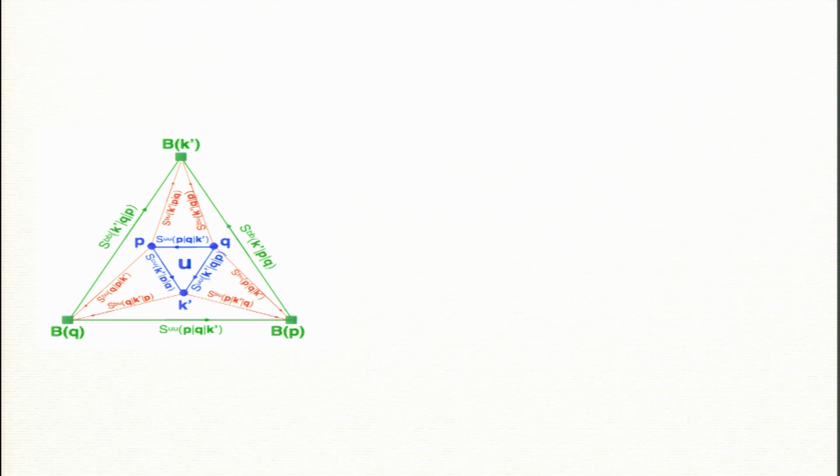Let us focus on a triad, only mode to mode within a triad. We have three magnetic modes, Bk prime, Bp, Bq, and three velocity modes, Up, Uq, and Uk prime. Blue is velocity and green is magnetic.